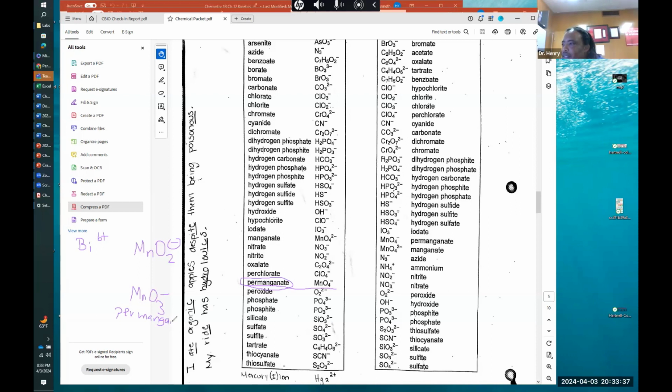And if I have one that's less than permanganate, what is that going to be called? So MnO2 minus, which is what we have, that one's going to be called what? So what would be less than ite?